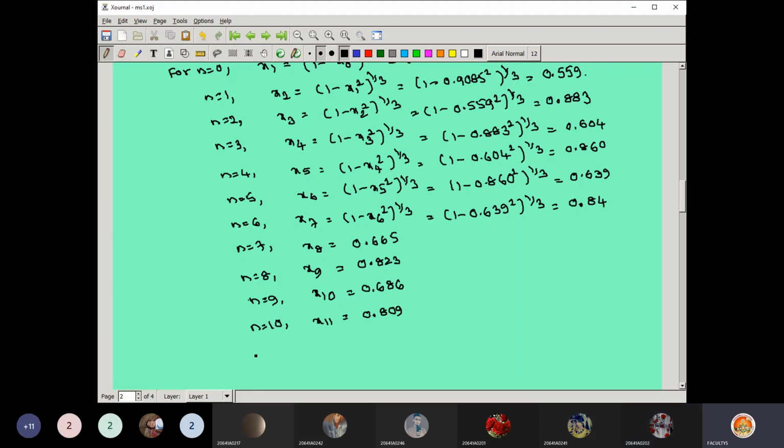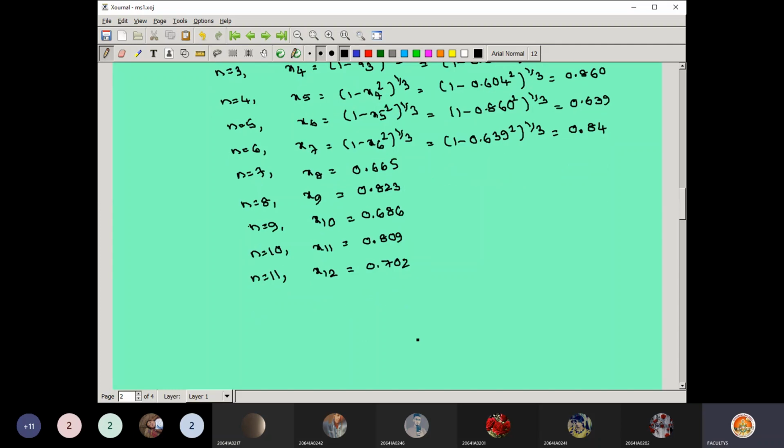Go for the next, n equal to 11. It is the x12 value. The difference changes by small amounts. So will you get 0.7 something? 0.702, right.